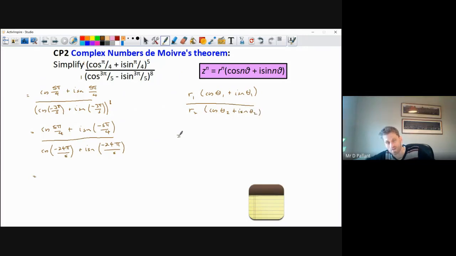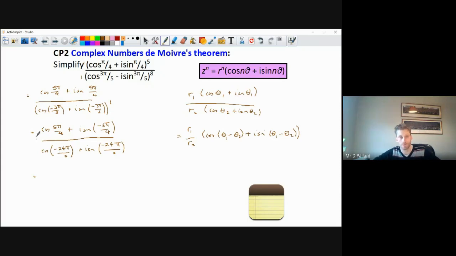There's the rule. So if we're dividing complex numbers, we have modulus divided by modulus, but we have argument subtract argument, don't we? So remember that rule, because you do need to use that rule with confidence. That's the rule for dividing complex numbers.